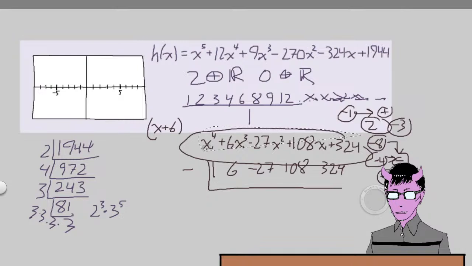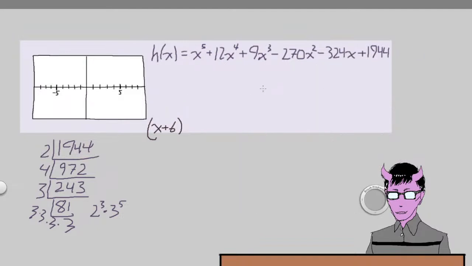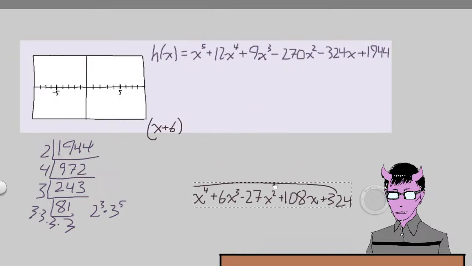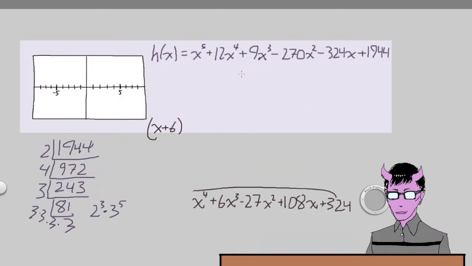Let me copy paste this just to see if I miscopied. We'll delete all that. So let me put this as a comparison, just to make sure that I didn't screw things up too badly.